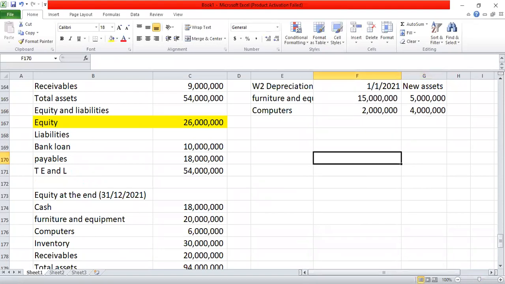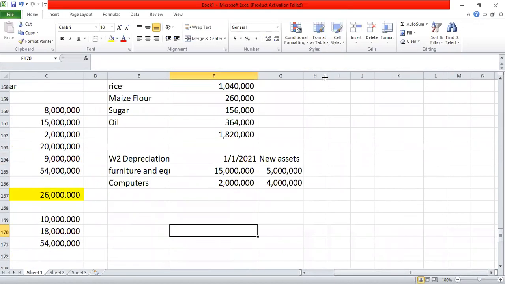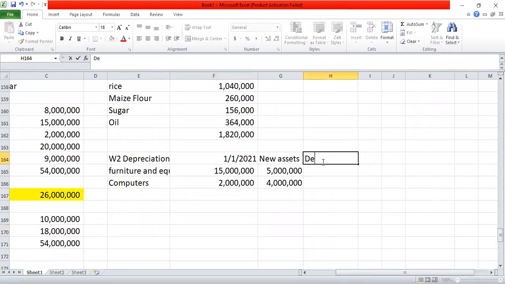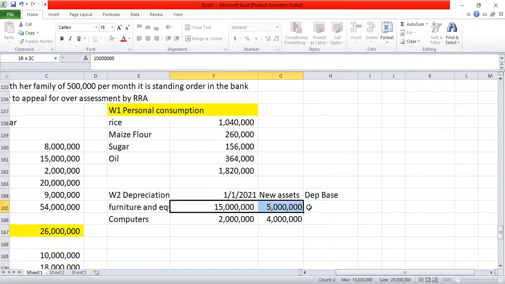So what is the depreciable base? Our depreciation base will be here.